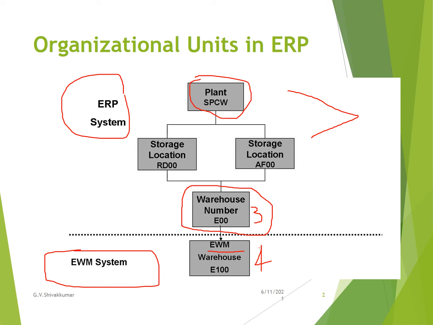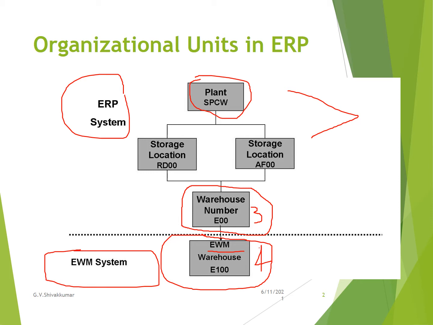So this is the important organization structure. In EWM, the highest level is the EWM warehouse, and when it is integrated with ECC, we create the plant and storage location on the ECC side. As already mentioned, I am using ECC and EWM integration as the example concept.